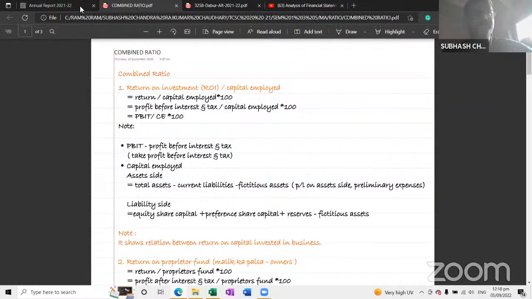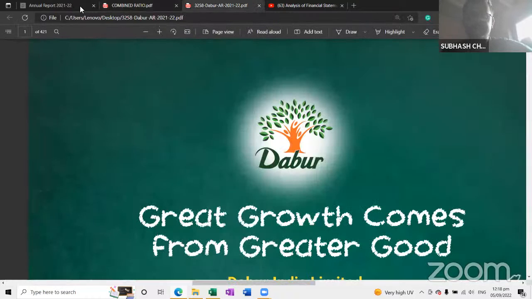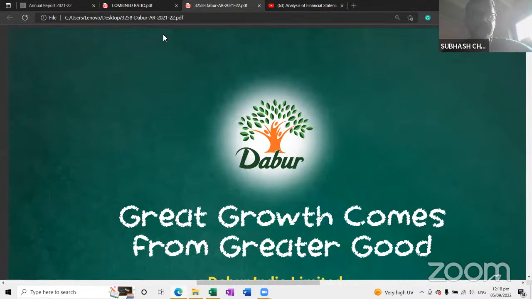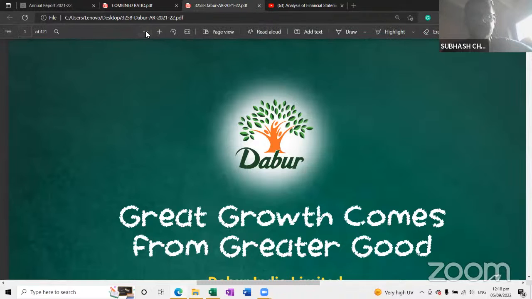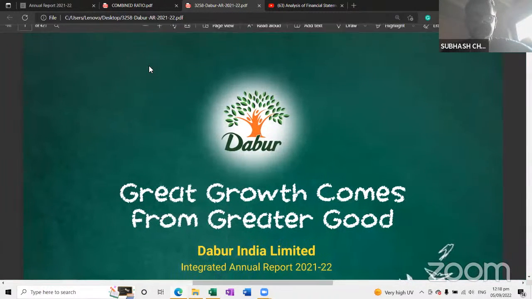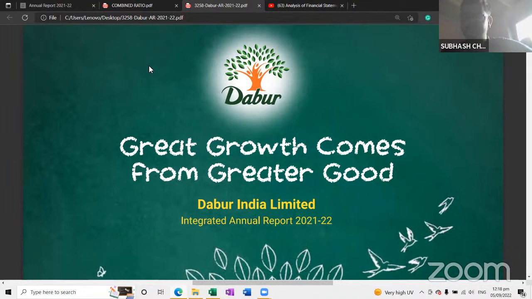Or the other aspect is, let's try to check whether there is any practical applicability, or how we can utilize the knowledge of ratio, or how we can utilize the knowledge of statement analysis. Right now we are working on analysis of financial statement, or basic understanding of the financial statement.